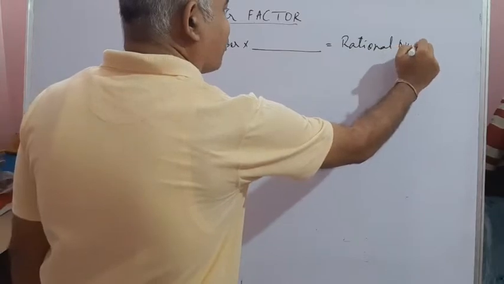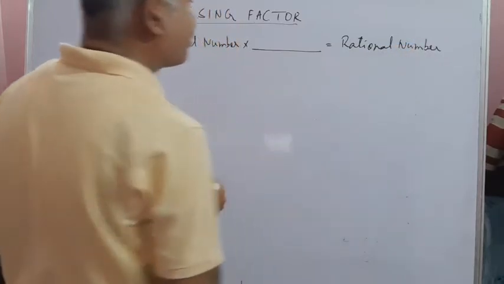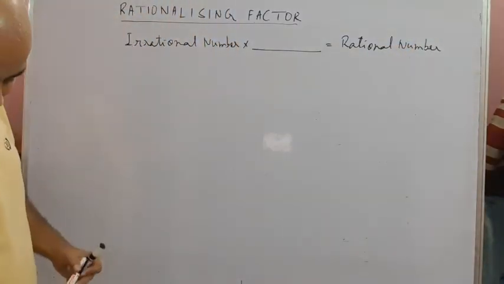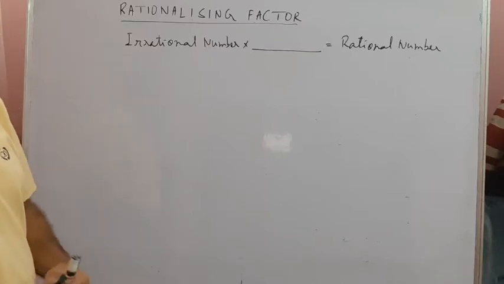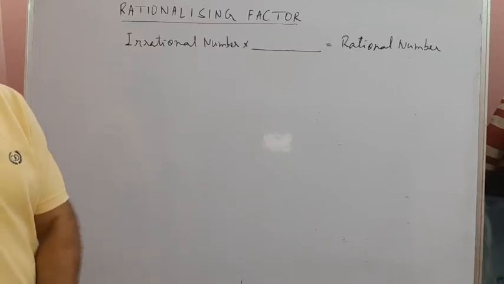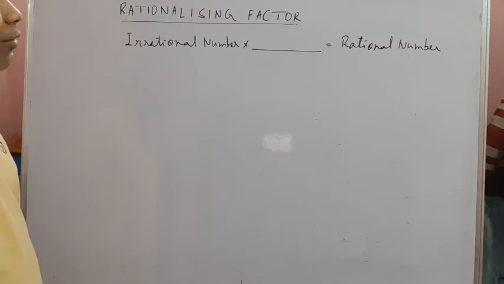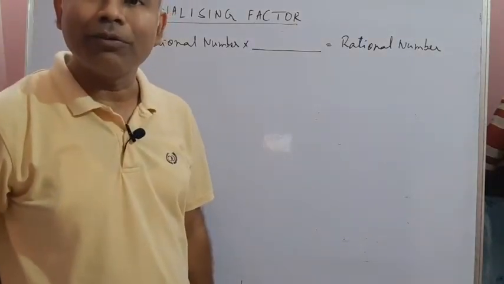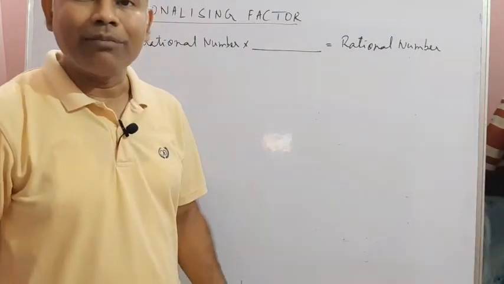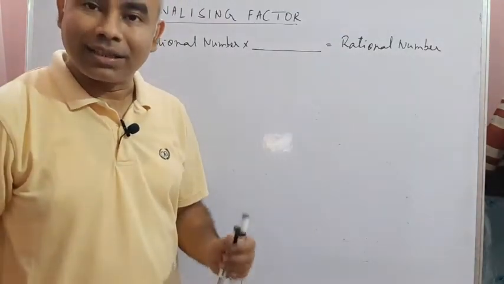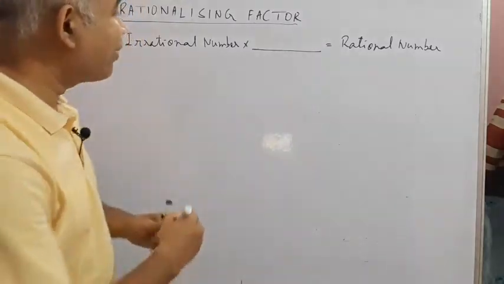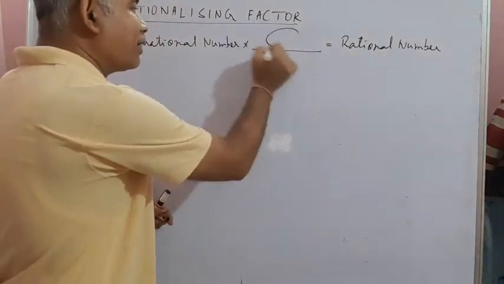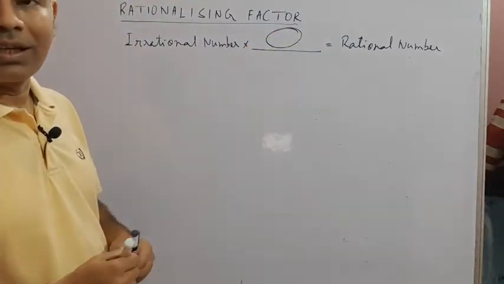Whatever number you multiply with the irrational number, that number is called its rationalizing factor.